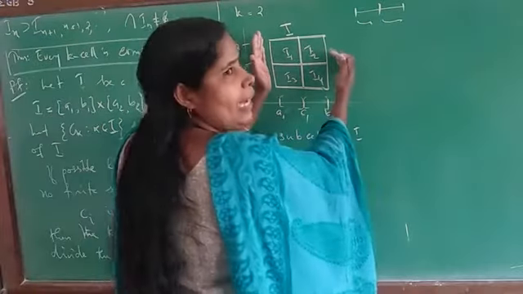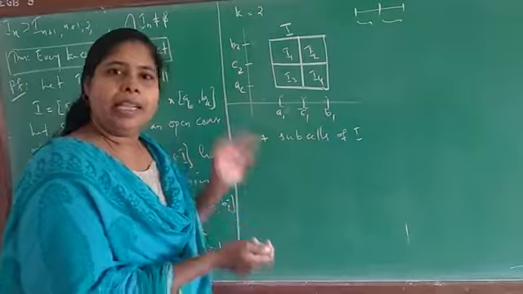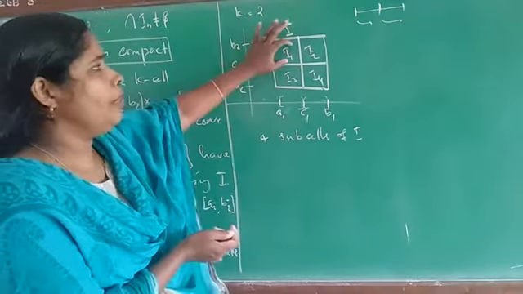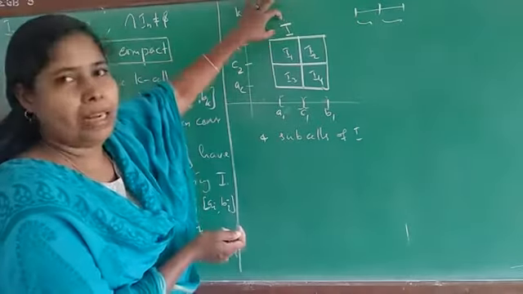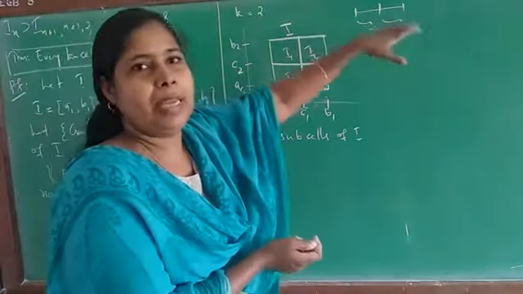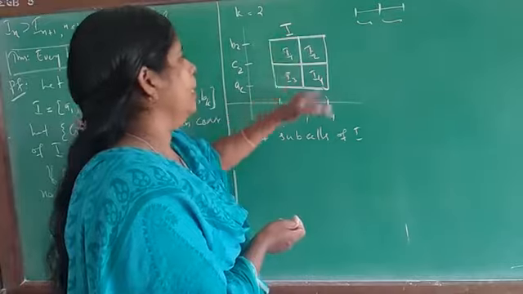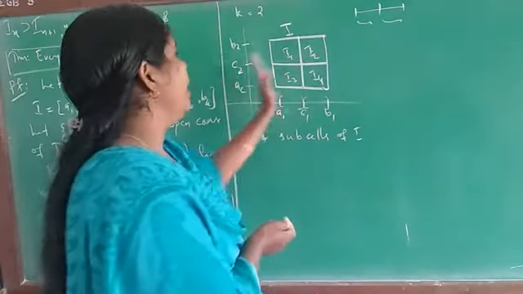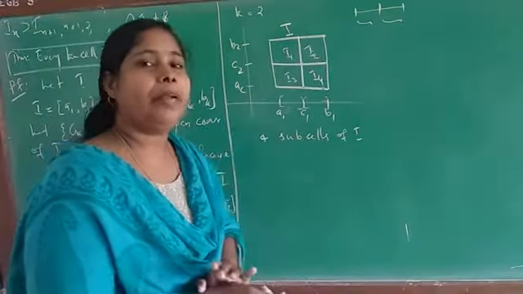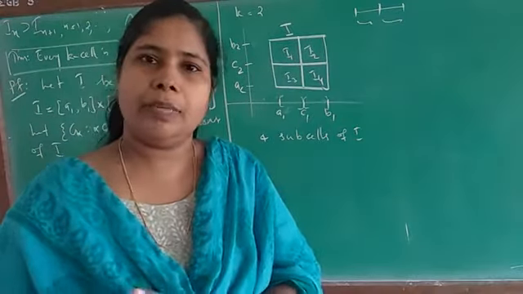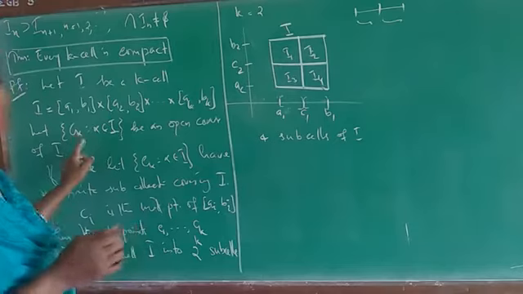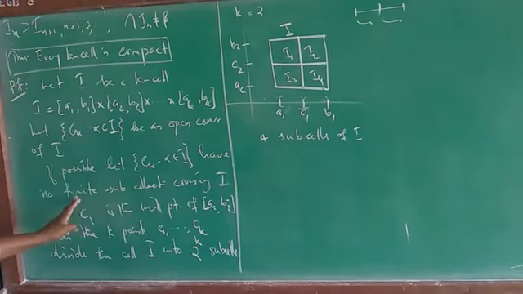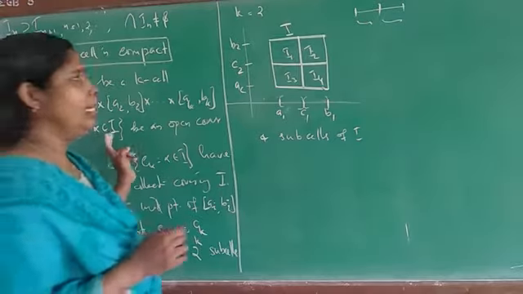Then their union is I, and it would be covered by a finite subcollection. If I1 is covered by n1 sets, I2 by n2 sets, I3 by n3 sets, and I4 by n4 sets, then I can be covered by at most n1 plus n2 plus n3 plus n4 subsets in this collection. Okay, so that is not possible, because our assumption is that no finite subcollection covers I.